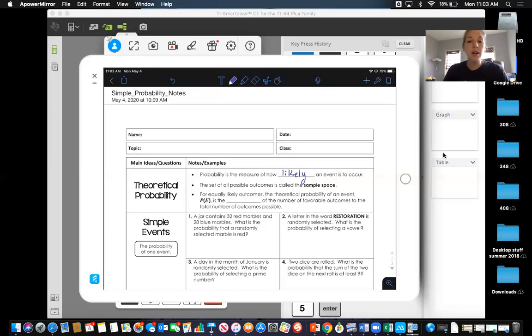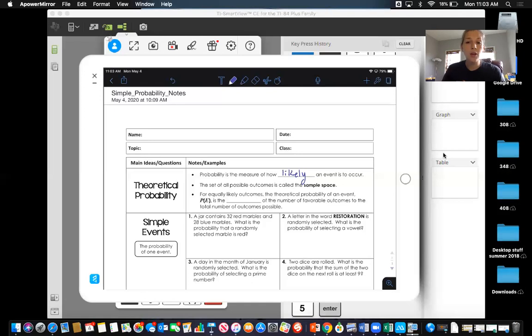Okay, so the set of all possible outcomes is called your sample space. So those are every outcome that is potentially there. And for equally likely outcomes, sometimes you hear people say the phrase, there's a 50-50 chance. They're equally likely.